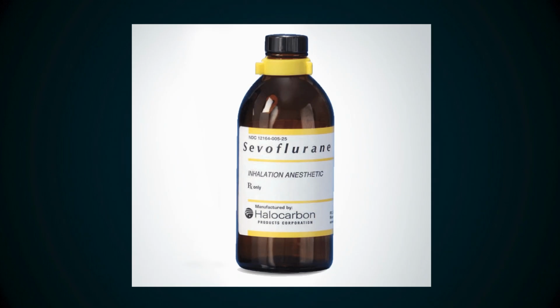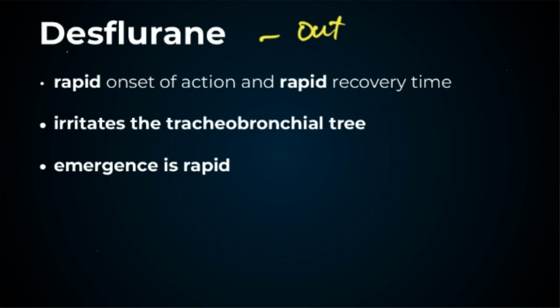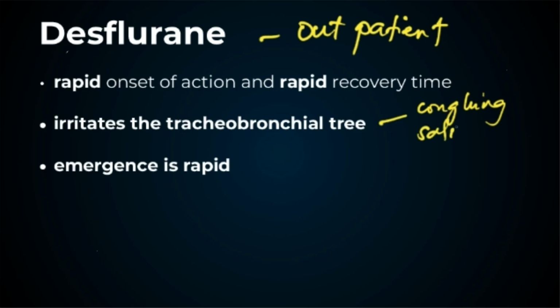This is your sevoflurane. It is also in liquid form and given to the patient through inhalation. We also have desflurane. Desflurane is used for outpatient surgery because of its rapid onset and rapid recovery time. However, it irritates the tracheobronchial tree and can provoke coughing, salivation, and bronchospasm. That's why it's usually induced with an IV agent.